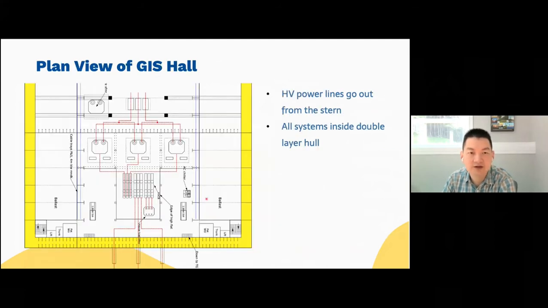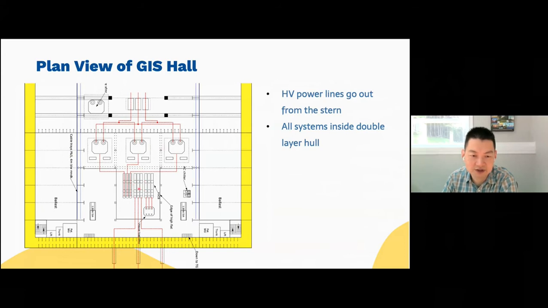So here's another look. It's a plan view. These are the generator circuit breaker, which is 21 to 26 kV. It's from the generator, and it goes to the main transformers, and there's a spare transformer. And after the transformer, the voltage is 420 kV.